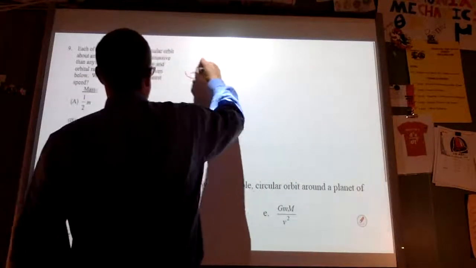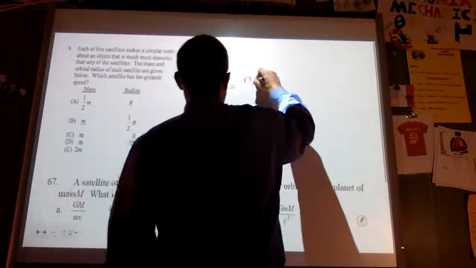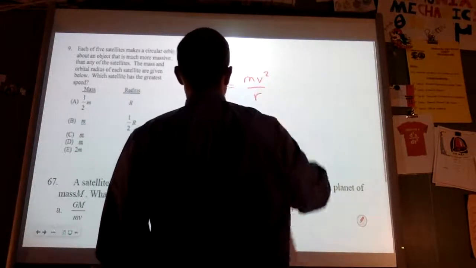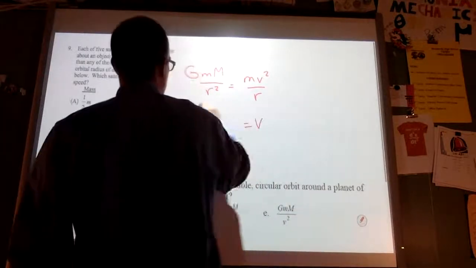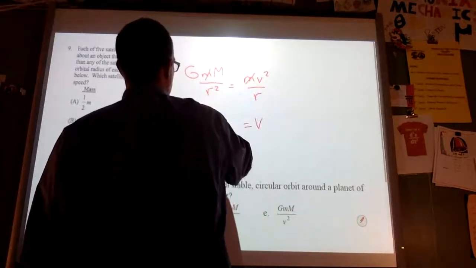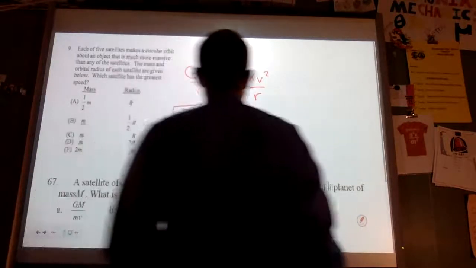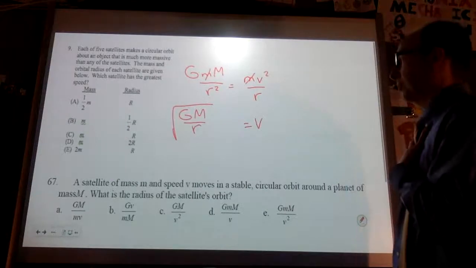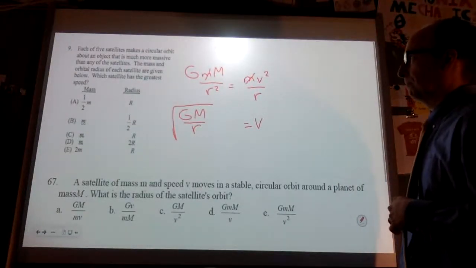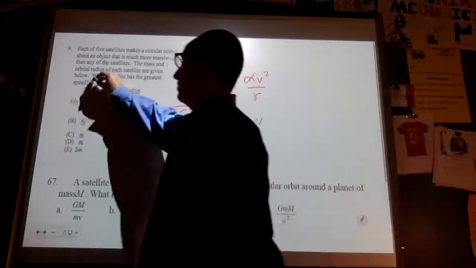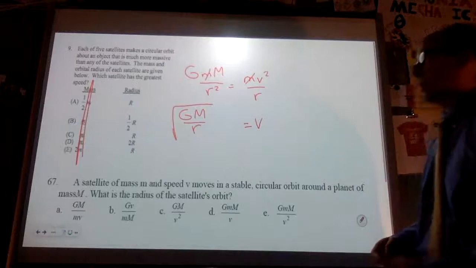So we're going to have GMm over R squared equals mV squared over R. So V is going to be related to radical GM over R. So the mass of the planet that's orbiting it, I'm sorry, the mass of the satellite that's orbiting it doesn't matter.